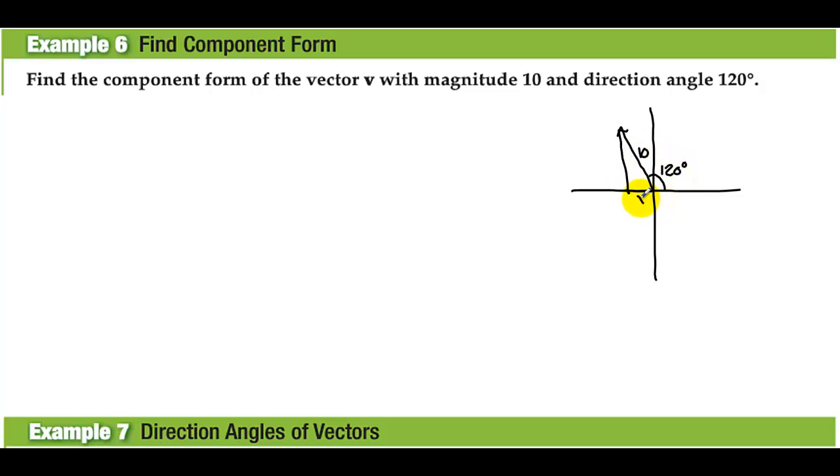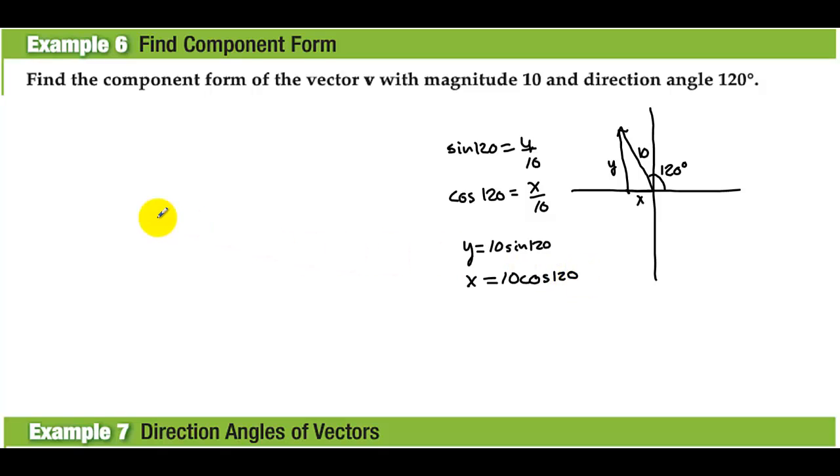Now to find y, we can do the sine of 120 is equal to y over 10. And the cosine of 120 is equal to x over 10. And now we can multiply both sides by 10 in each. So y is equal to 10 times the sine of 120, and x is equal to 10 times the cosine of 120.